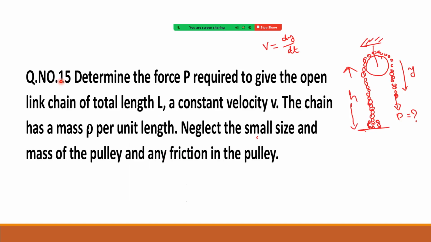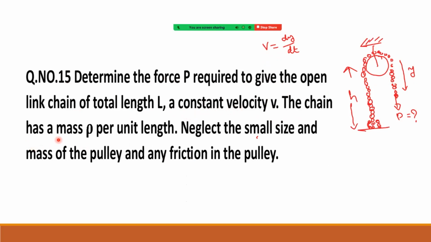See the question carefully. Determine the force P required to give the open link chain of total length L a constant velocity V, where V is dy by dt. This length equal to y.